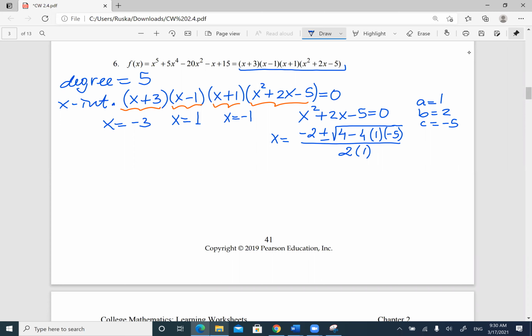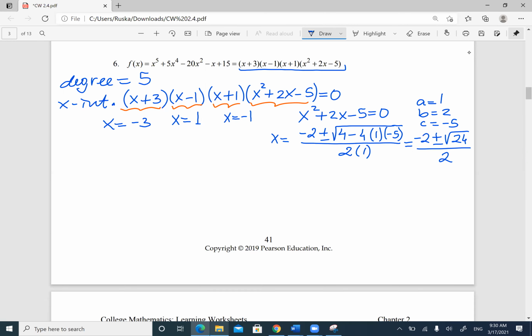Okay, now here, what is the square root? When you multiply negative 4 times negative 5, it's 20, plus 4 is 24. So far we have negative 2 plus or minus the square root of 24, over 2.